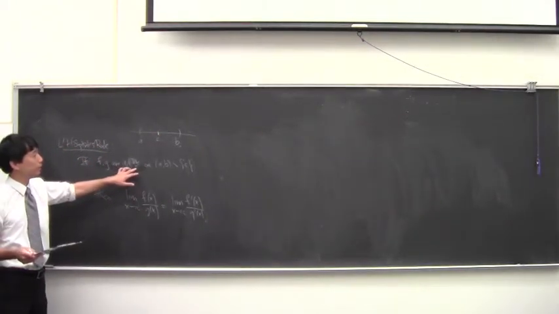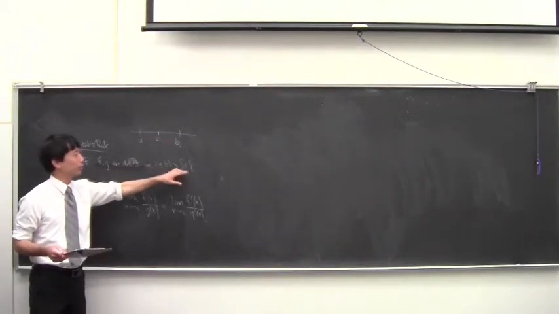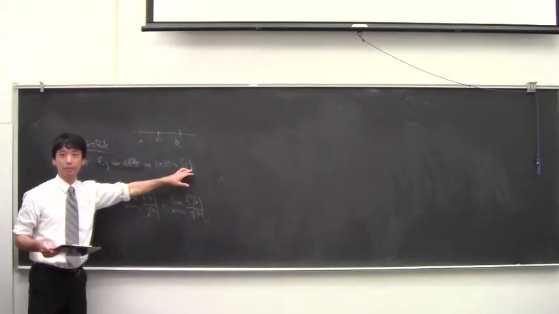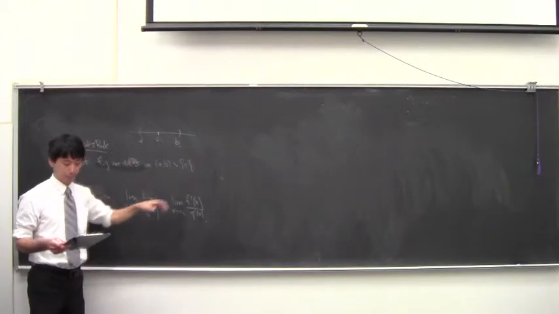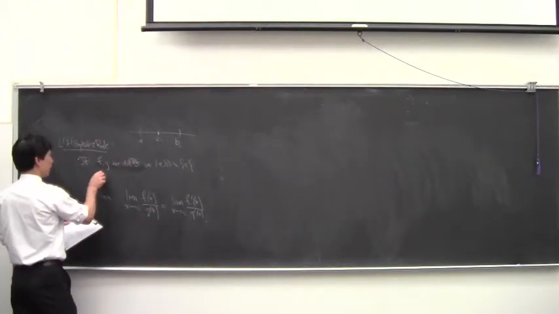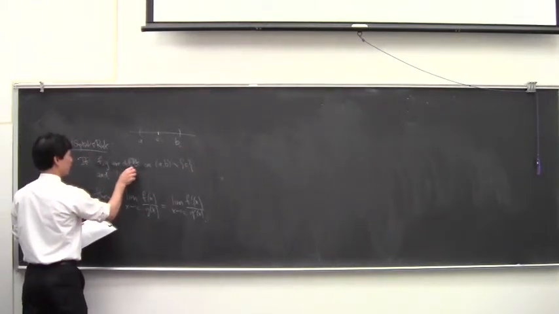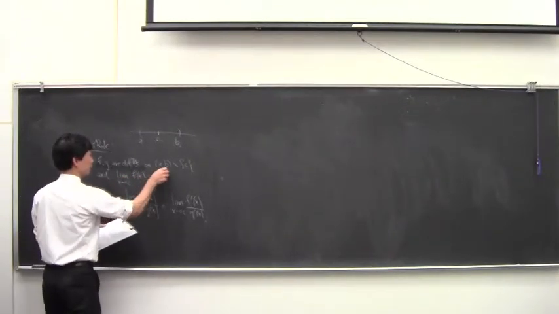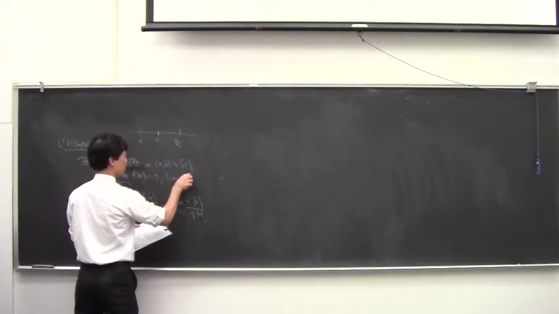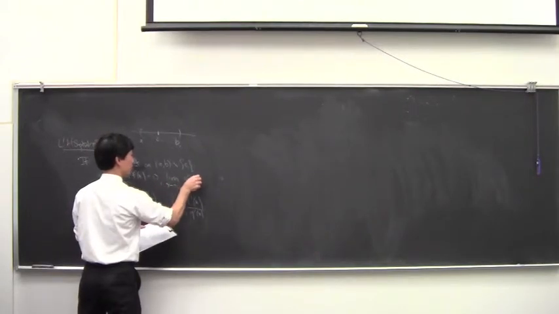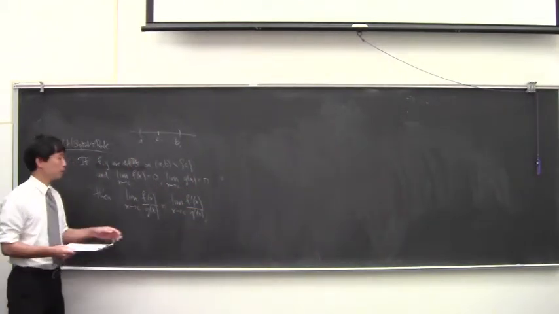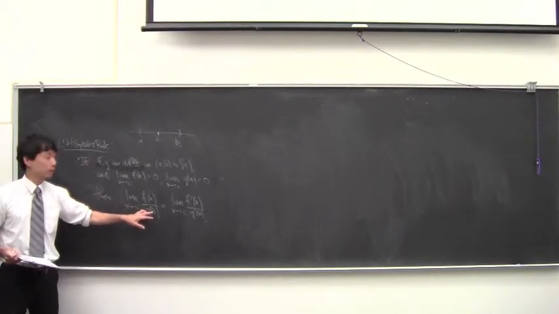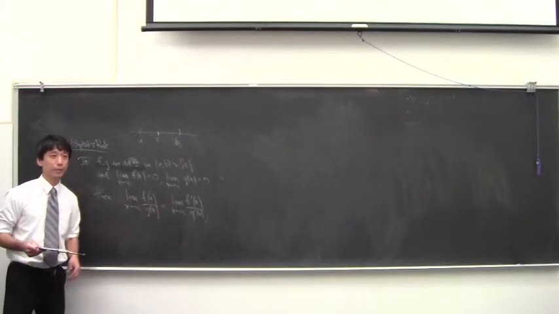These functions are differentiable on the interval, but maybe not at that point c. And the limit of f of x as x approaches c is 0. The limit of g of x as x approaches c is also 0. Then the limit of the quotient actually turns out to be the limit of the quotient of the derivatives.